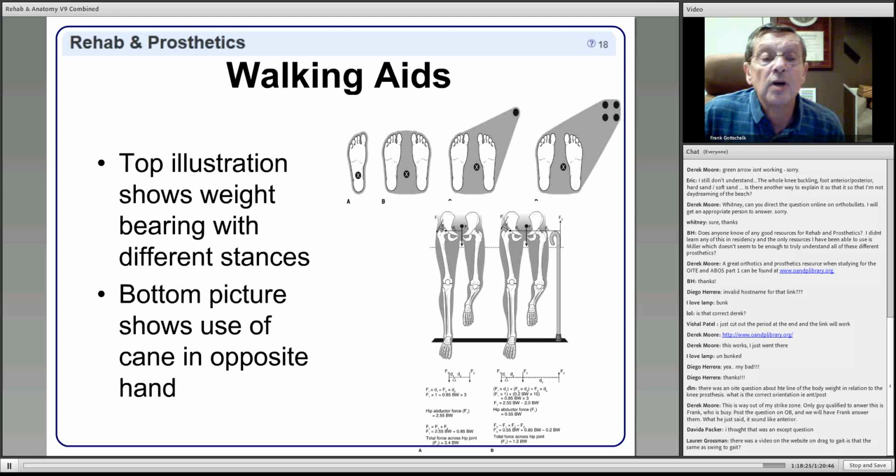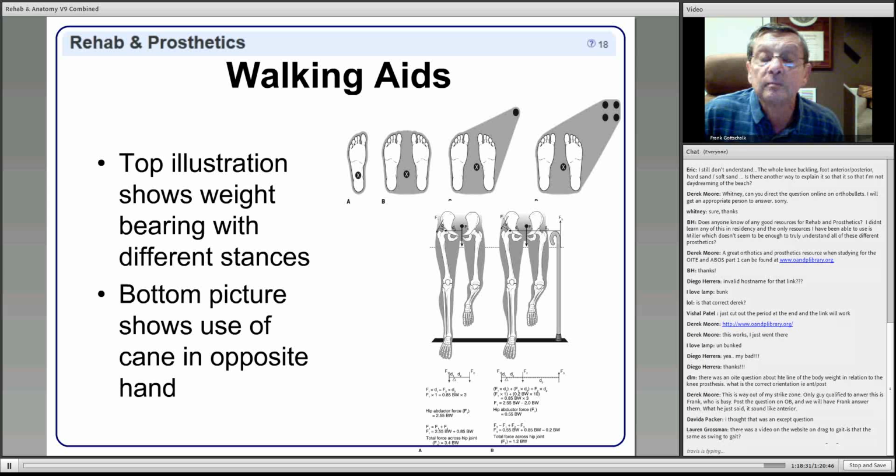Now, the top illustration shows weight-bearing in different stances, but only using one particular assistive aid on one side. And so it's the first diagram A shows weight-bearing on one leg, and then bipedal stance, and then stance with a cane or a quadrilateral cane.